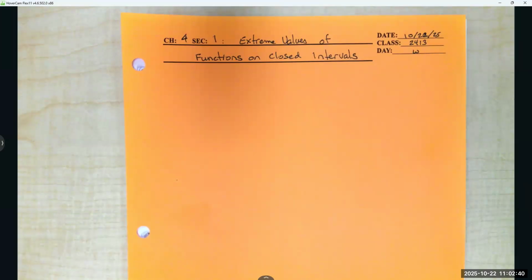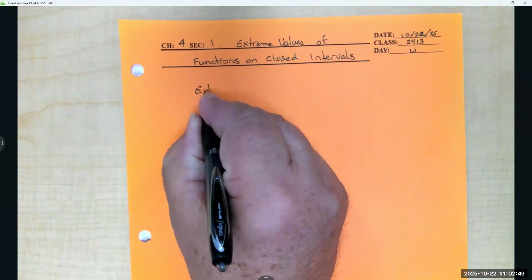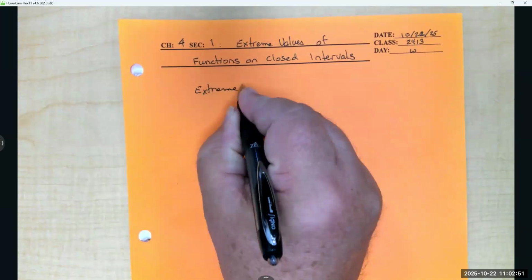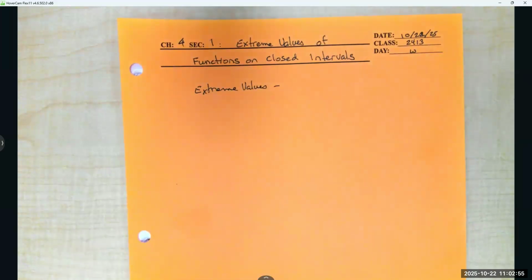When we say, think of this in algebra, nothing changed. Remember, I told you calculus is nothing more than turbo algebra. In algebra, we discussed extreme values. What do you think that means? What is an extreme value?